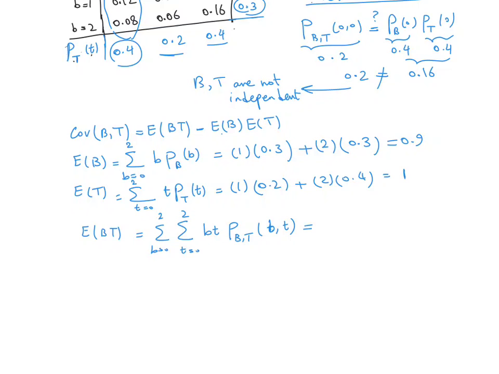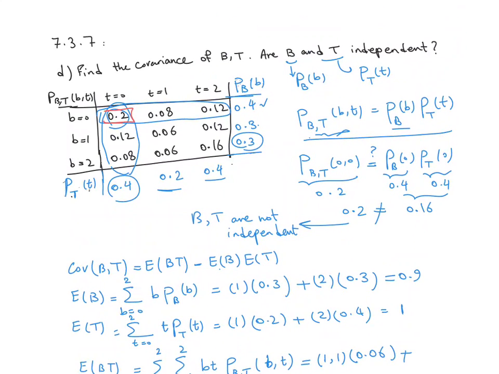So we have these pairs of values. When B and T are equal to 1, their joint probability is 0.06 from here.